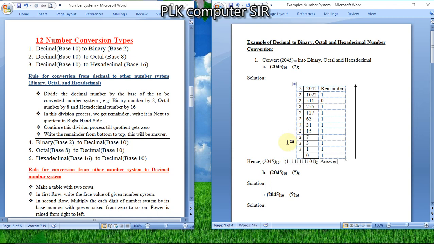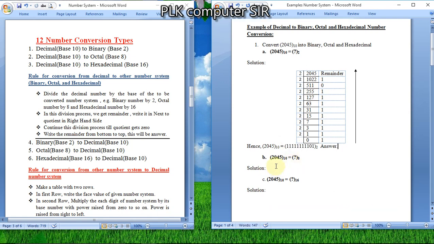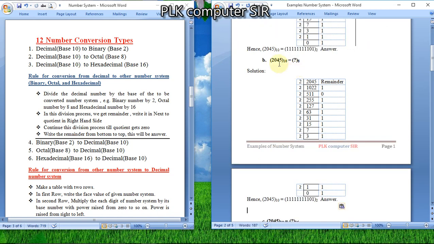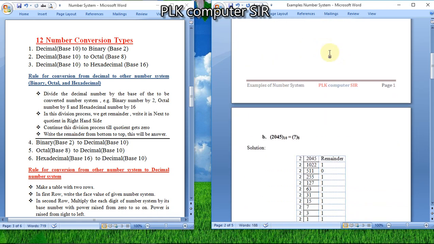Okay, my dear students. From the next question, what we have to do? Octal number system, it means we have to divide by 8. So I am copying the same thing here, so it will be easy for me. Let me bring this to a new page, it will be more clear.